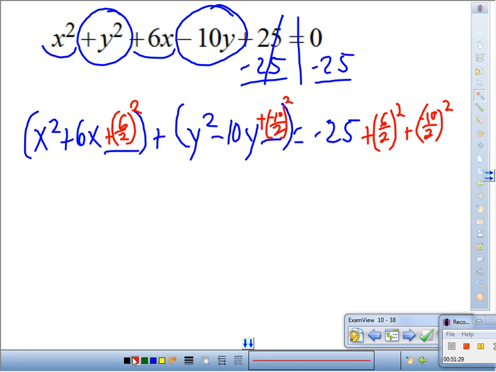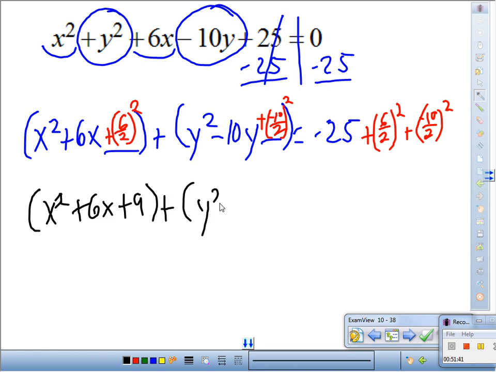All right, let me simplify this. This ends up being x squared plus 6x plus 9 plus y squared minus 10y plus negative 10 divided by 2 is negative 5. Negative 5 squared is 25.